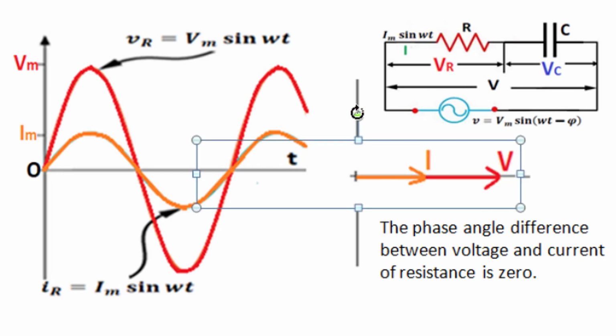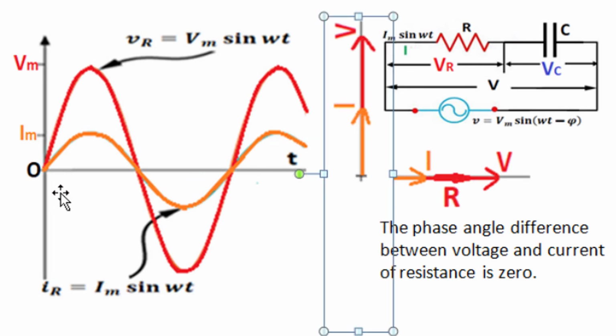As time passes, these phasors of current and voltage in alignment rotate in anti-clockwise direction with omega angular velocity, and after quarter cycle they attain their respective peak positions.